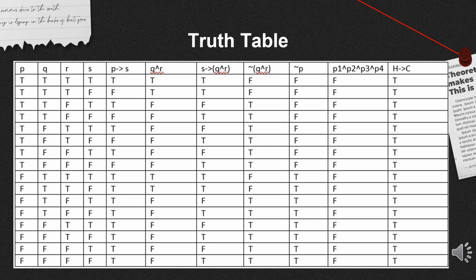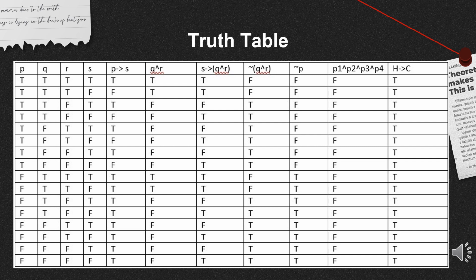Then for the column hypothesis, P1 refers to column P implies S, P2 refers to column Q and R, P3 refers to column S implies bracket Q and R, and P4 refers to not bracket Q and R. Therefore, the values of the column hypothesis will be all false.